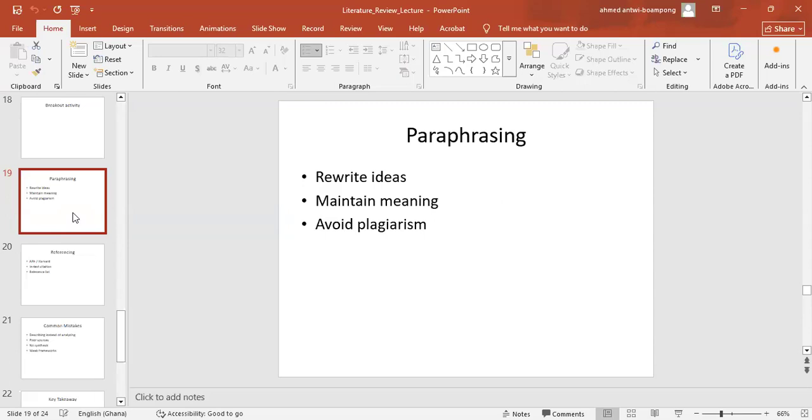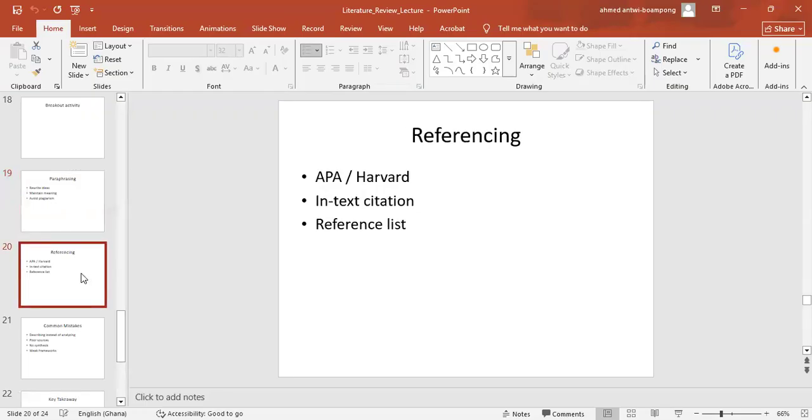In doing so, we are doing what we call paraphrasing. So when you pick the materials, rewrite them in your own ideas, how you understand them, maintain their meaning, and try to avoid plagiarism.